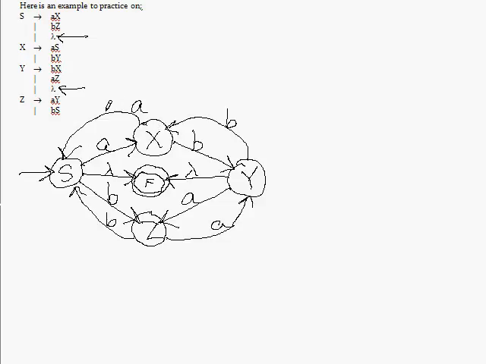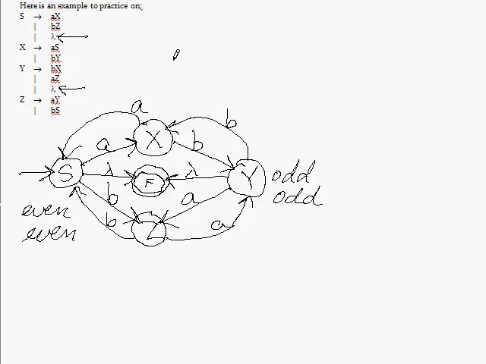It's very symmetric. There's the A's, the B's, the A's, the B's, four states. These two are the accepts. That means this one, remember, is even A's and even B's. And remember, this one is odd A's and odd B's, odd state. And so that's what this grammar generates, and that's what this machine accepts.